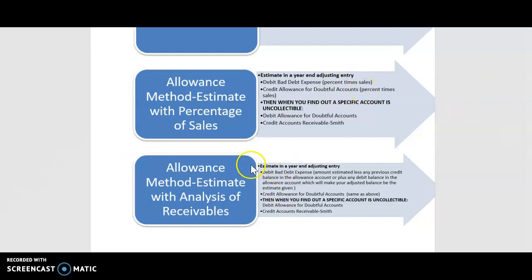Now contrast that to the Analysis of Receivables method. Now you'll look at the Aging of Receivables report, and you will determine how much you believe is uncollectible. And then there's another step. You will look inside the allowance account, and you will make your allowance account be the number that you calculated.